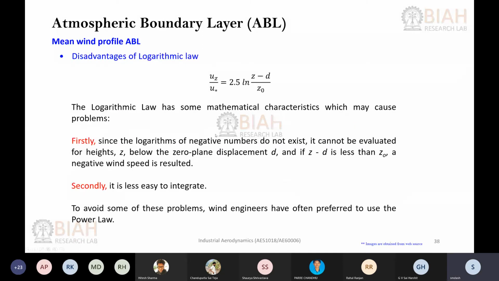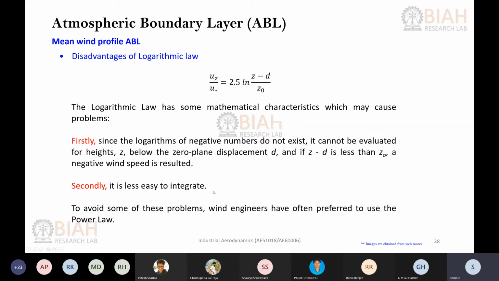So let's see what the disadvantages are of following the logarithmic law. As we already saw, any values below D we cannot obtain, because this is going to give you negative data: Z minus D. If you try to find any velocity information at heights less than D, it is not possible to obtain using this log profile, because this will be negative.